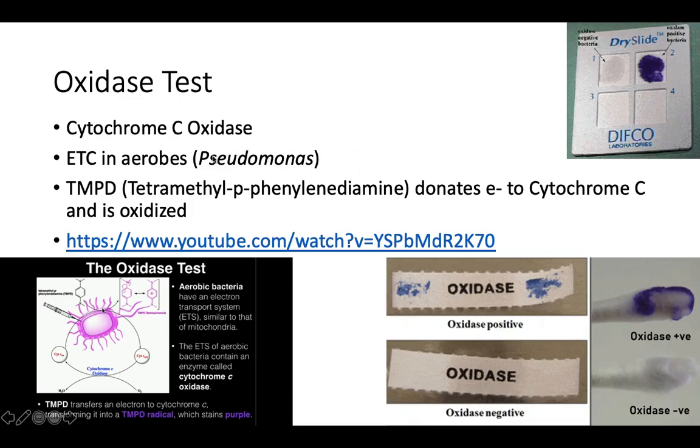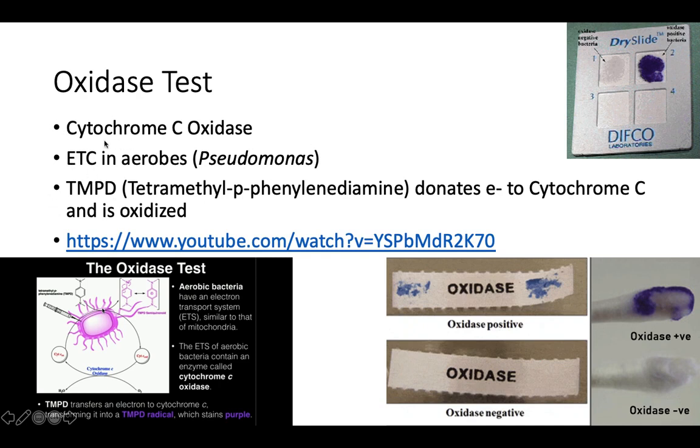So anyway, scientists have figured out that this little compound here, TMPD, can be used to trick cytochrome C. You can detect the presence of cytochrome C by turning it purple. So the cytochrome C will accidentally donate some electrons to this chemical instead of getting rid of them like it should be doing in the bacteria.